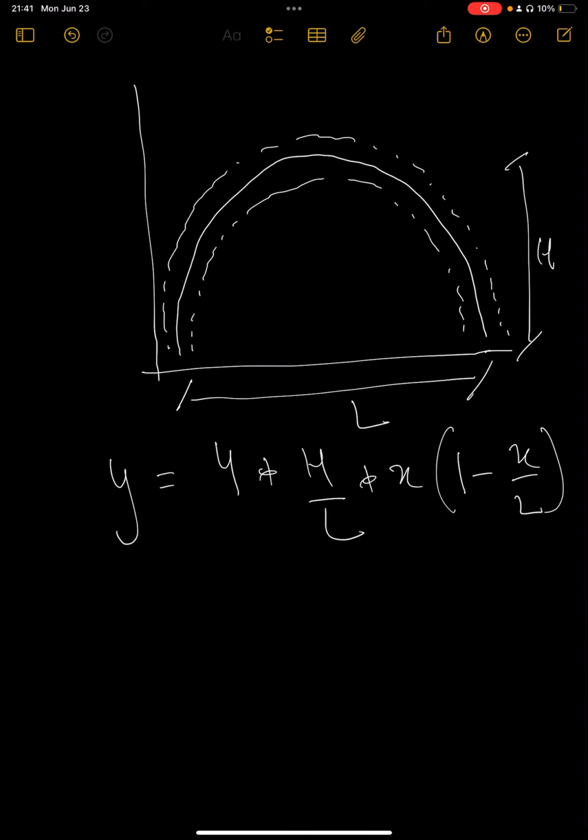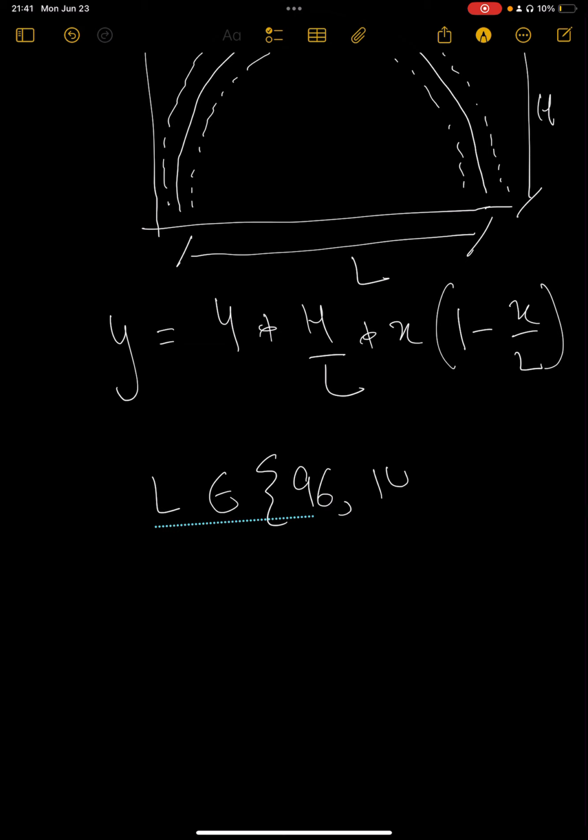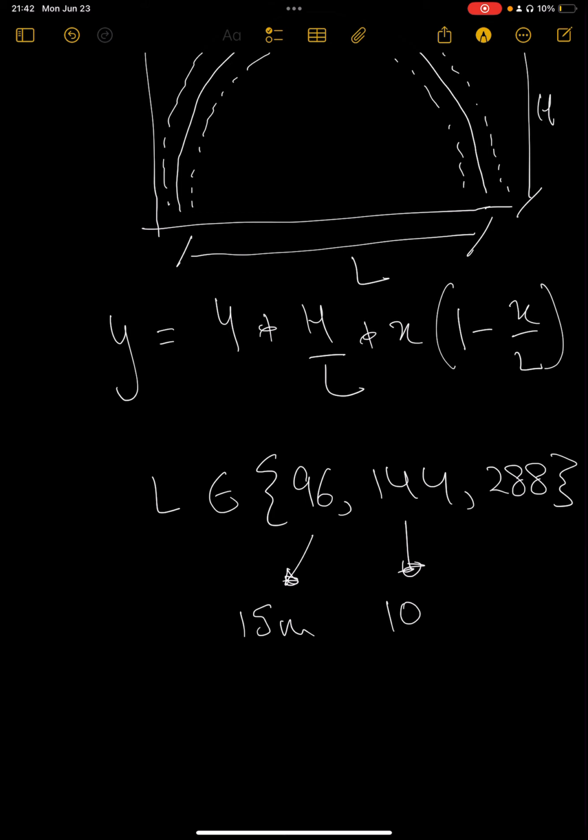And I say the length, but really I have limited L to be one of three numbers: 96, 144, or 288, which basically correspond to a 15-minute candle size, a 10-minute candle size, or a 5-minute candle size.